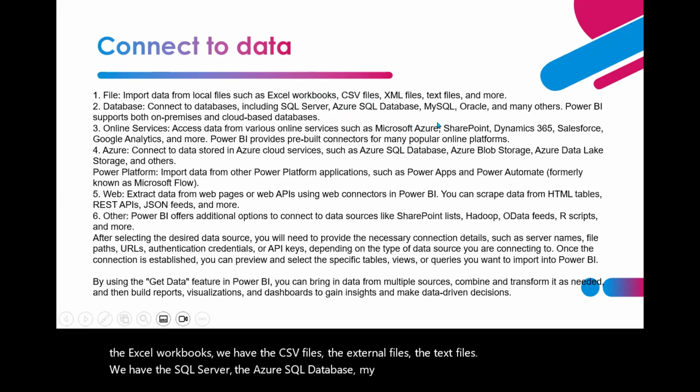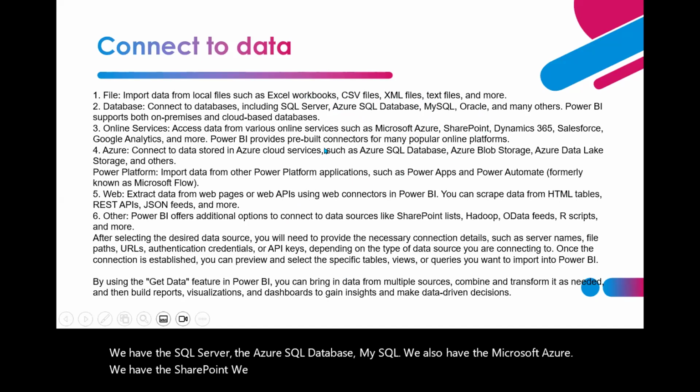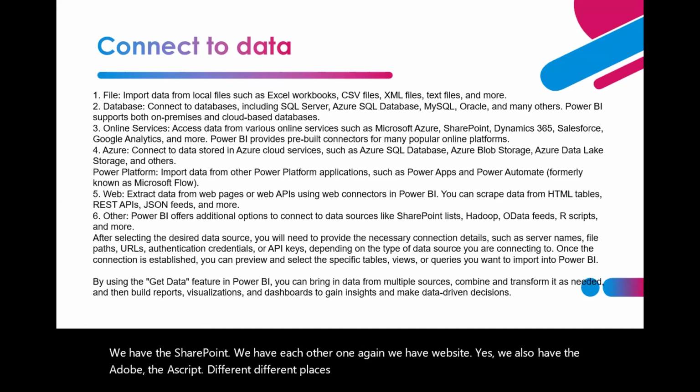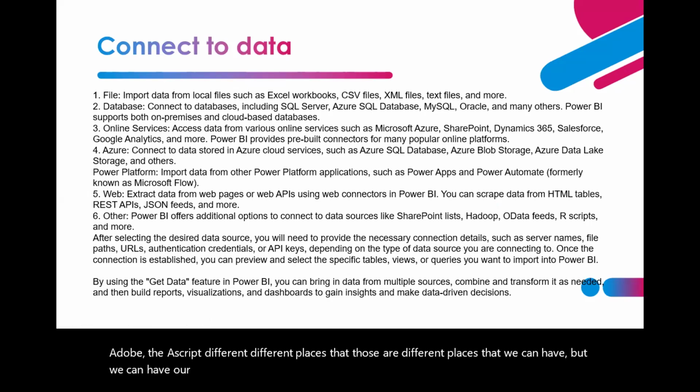We also have Hadoop and the R script. Those are the different places that we can get our data from. All we have to do is click on the Get data feature in Power BI.